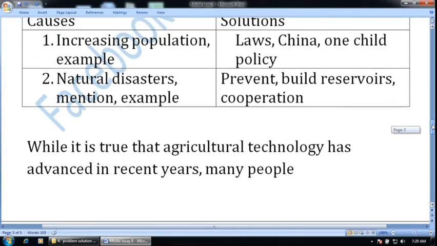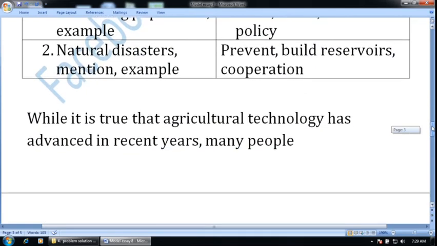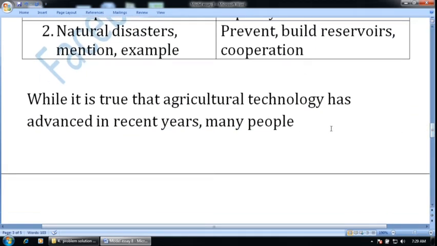So this is an adjective form. There were advances, noun form, I have used advanced, verb form. So this is called paraphrasing.